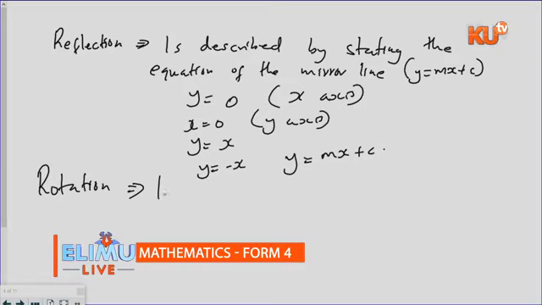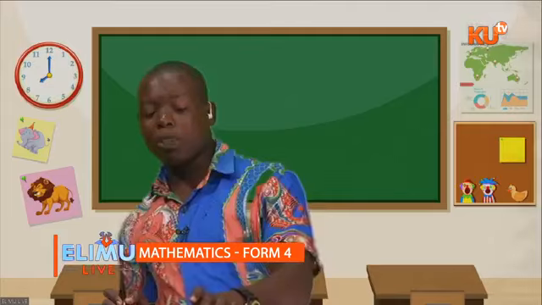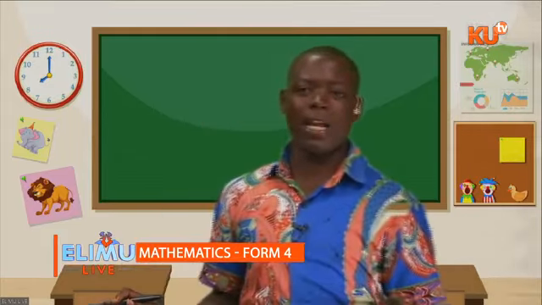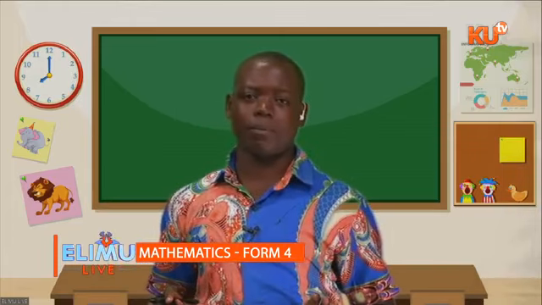And so when you're describing a rotation, we state 2 things. Number 1, we state the angle of rotation, and this is given in degrees. And remember, it can be a positive angle or a negative angle. So again, back to Form 2: when do you talk of a negative angle of rotation, and when do you talk of a positive angle of rotation?